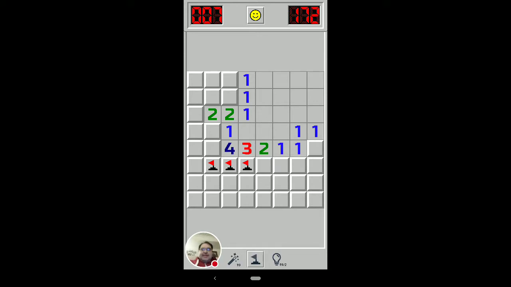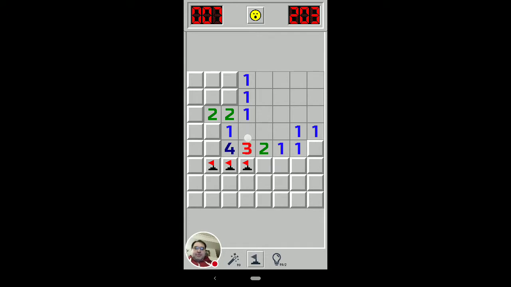Why is that? It comes down to just another one of those counting exercises. This 4 has obviously 8 squares around it, but it's touching a 1 in one of those squares, and that 1 can only be touching 1 mine, obviously. So of these 4 squares around the 4, only 1 can be a mine, at most.